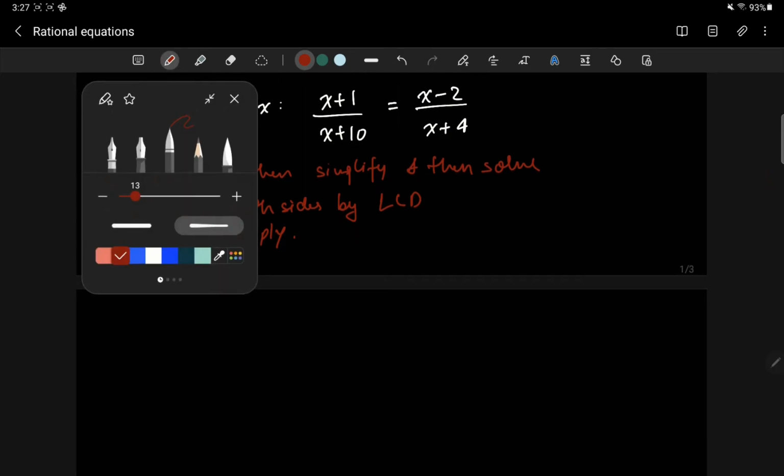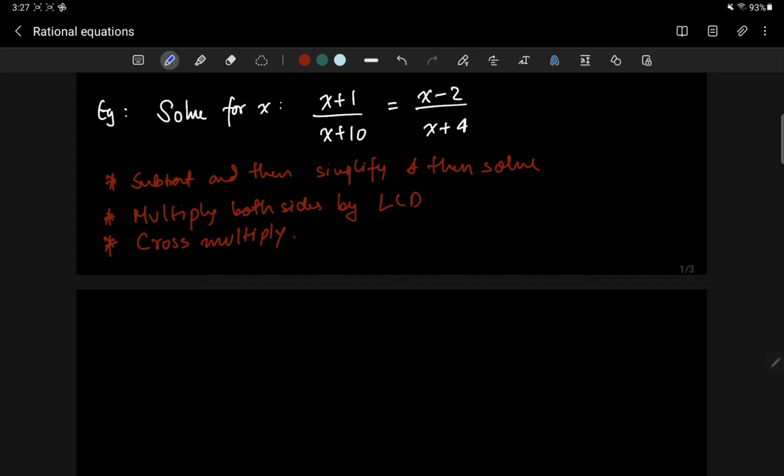Okay, so let me show you how that works. So let's do the second one. The LCD here is x plus 10 times x plus 4, because basically you take all possible factors, right?